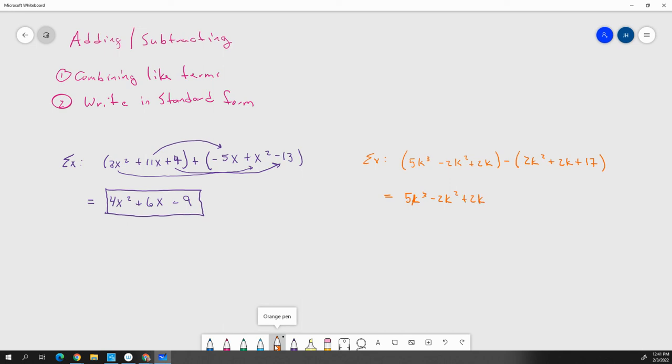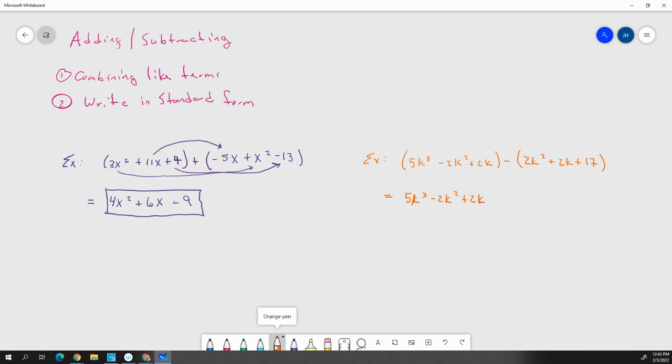But this negative changes everything when I try and pull it out of the parentheses. Because if I were to erase the parentheses on this problem, like I would with an addition problem, it looks like the only thing that's negative is that 2k squared. But we're not saying minus 2k squared. We're saying minus this, this, and this.